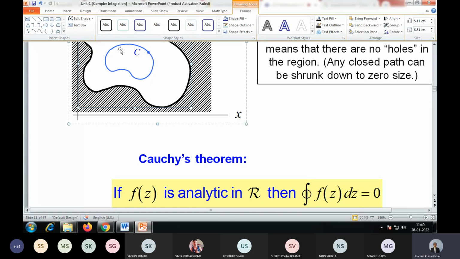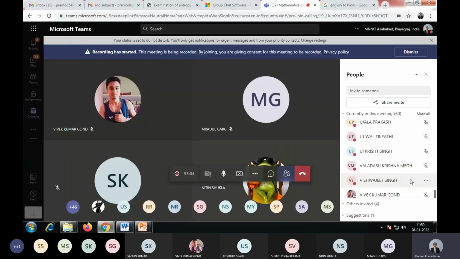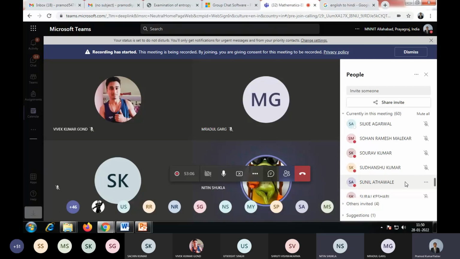This is a closed curve, so the function f(z) is analytic within and on this closed curve C. That means it is analytic inside C and on the boundary of C. If a function f(z) is analytic within and on a closed curve C, then the integration of f(z) dz over C will be 0. Whether you got the point or not? Yes, sir. Clear, right?